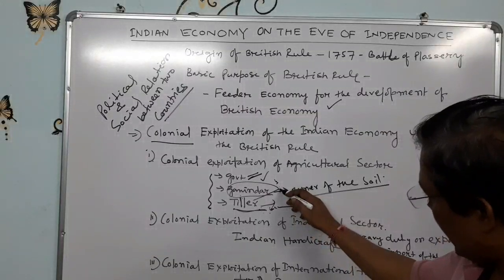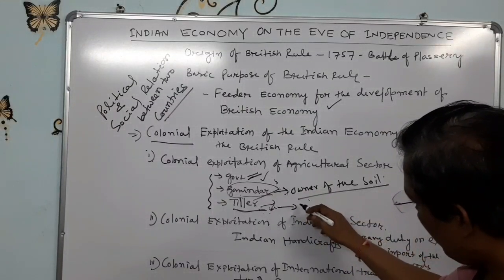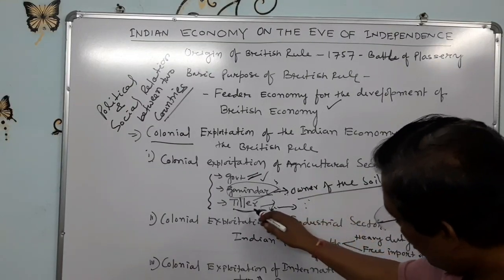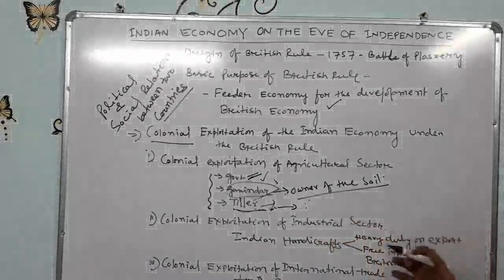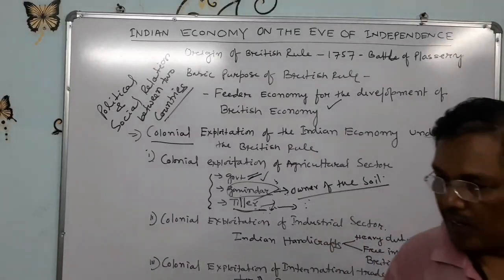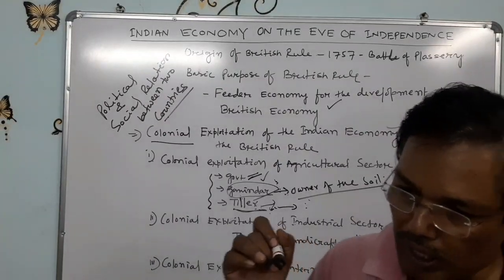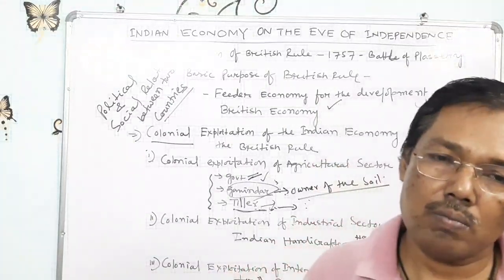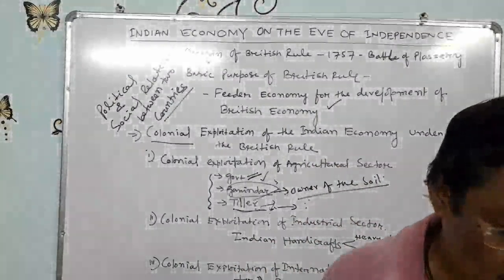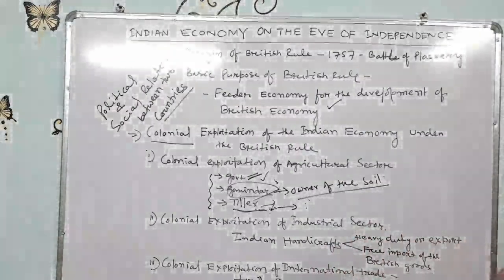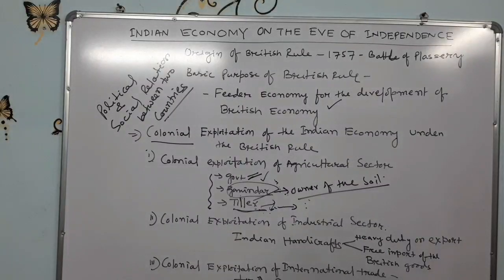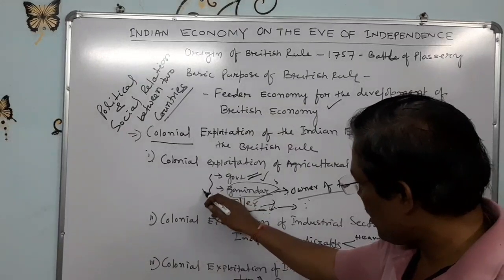so that neither the zamindar invested for the development of that land, nor the tiller invested money in the development of the land, because the tiller was very poor and had no income to invest in that particular plot of land. So the zamindar spent their revenue income on a luxurious life. So who enjoyed the luxurious life?